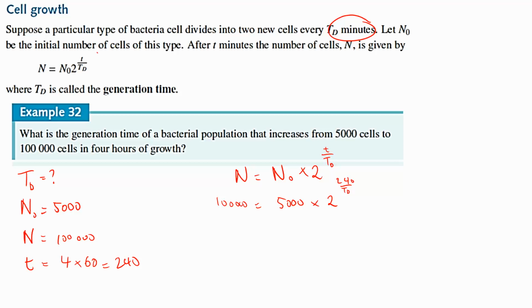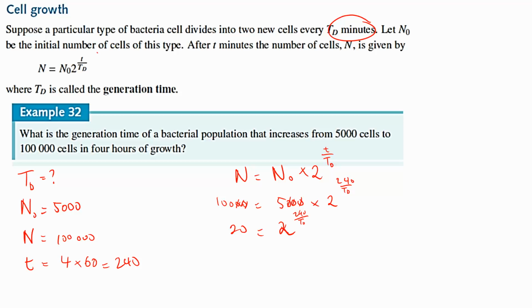Okay, so in this case it's all about solving this, just inversing everything. We're dividing both sides by 5,000. And what's 100,000 divided by 5,000? 20, good. It's just like saying 100 divided by 5. That's 20 equals 2 to the power of 240 over TD. The only way we know how to solve this is to remove the base 2, and to do that we would log.